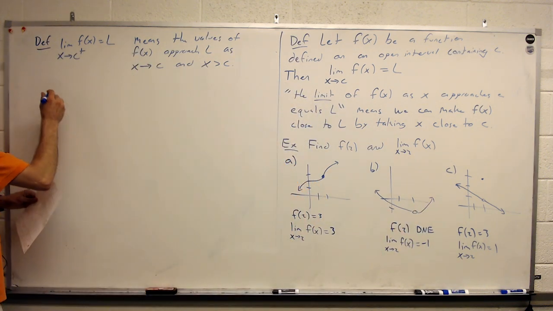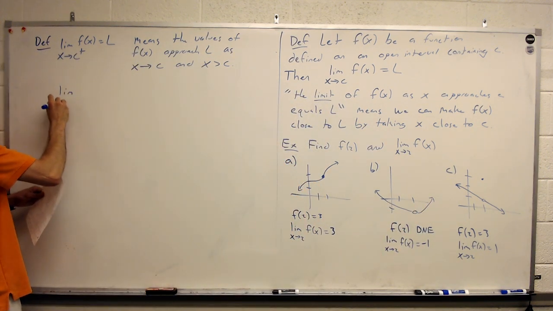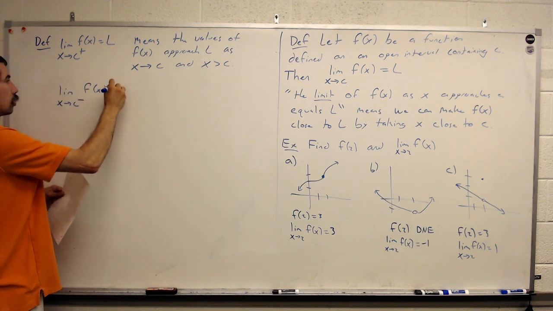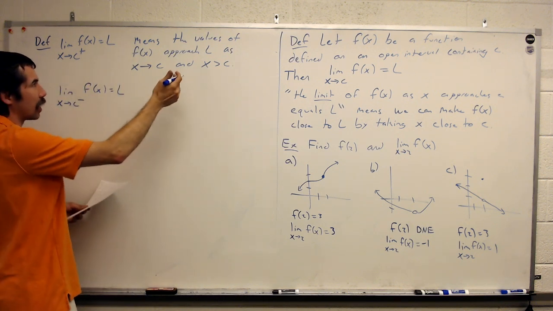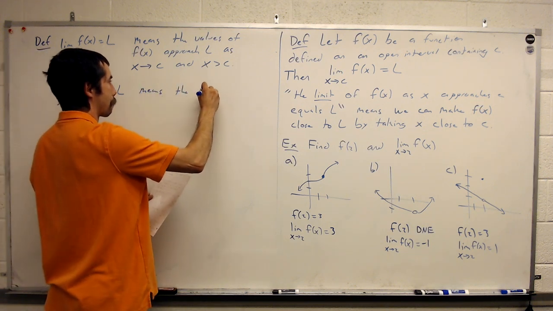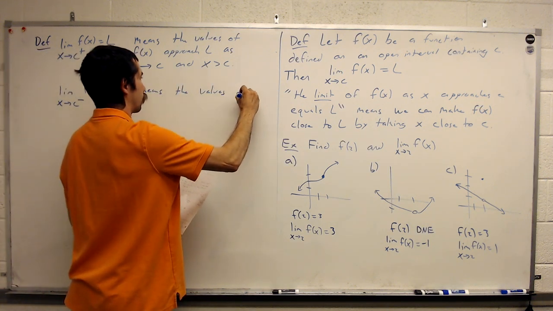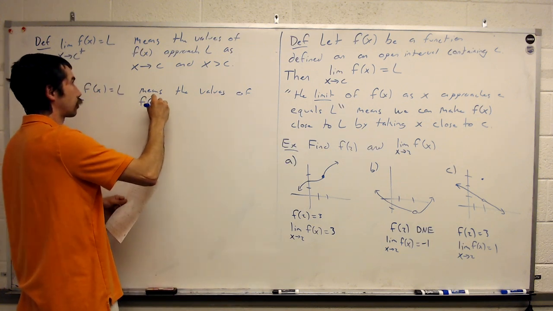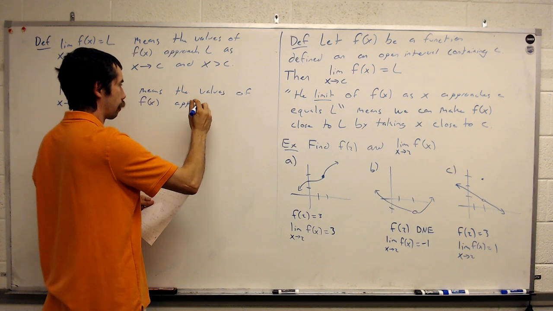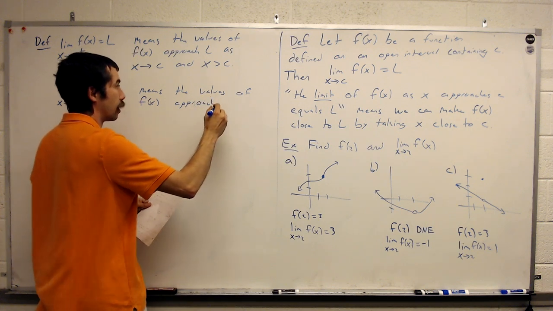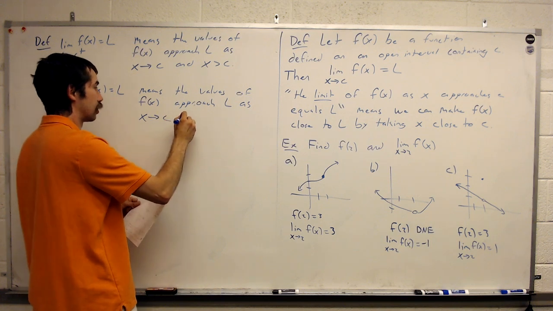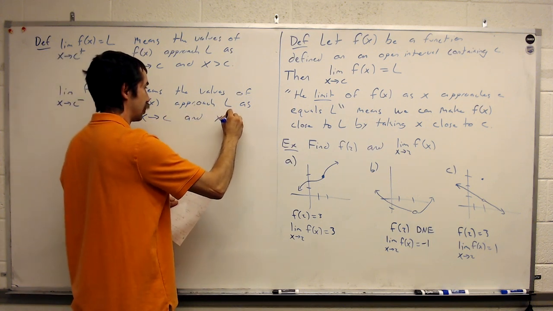And similarly, we could write the limit as x approaches c from the left of f of x equals L. Means the same thing, so it means the values of f of x approach L as x gets close to c and x is less than c.